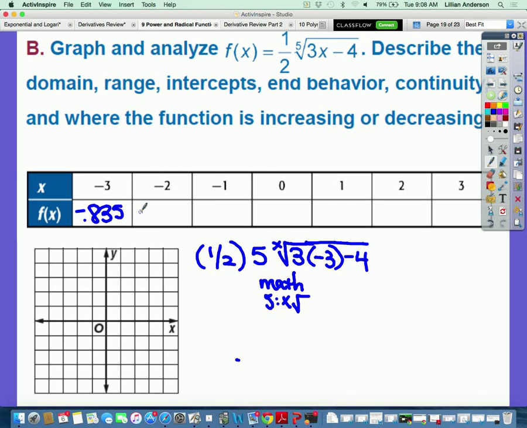For -2, you got negative point. For -1, you got negative point. For 0, you got negative point. For 1, you got negative point. For 2, you got point. And then for 3, you got point.